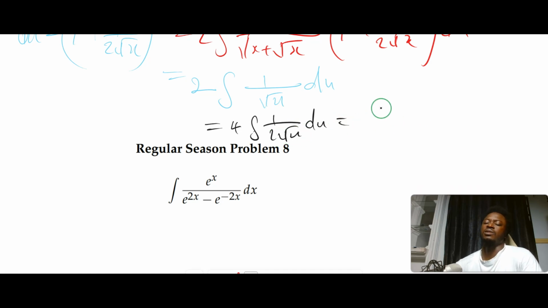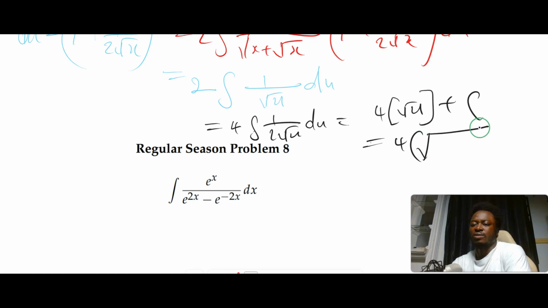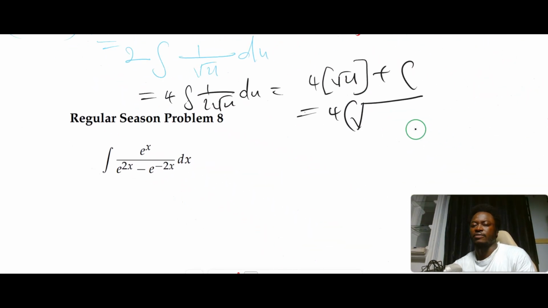So this is just going to be 4 square root of u plus c, because if you take the derivative of square root of u, you get 1 over 2 square root of u, multiply by 4, you get 2 square root of u. So basically the answer is supposed to be 4 times the square root of u, which is 4 times the square root of x plus square root of x.